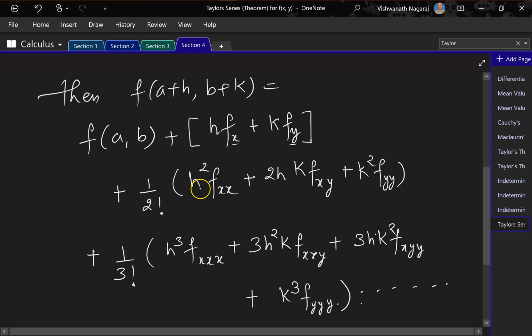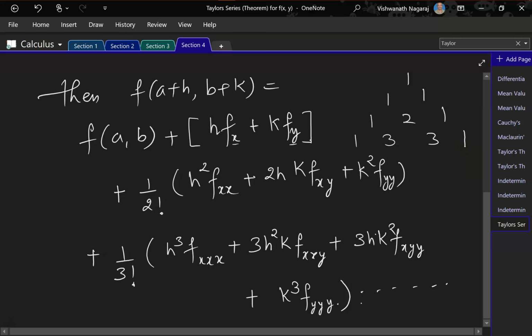And what about the coefficients? Here we have 2, here there is nothing, so it is 1, 2, 1. Here it is 1, 3, 3, 1. So the coefficients are 1, 1, 1, 1, 2, 1, 1, 3, 3, 1.